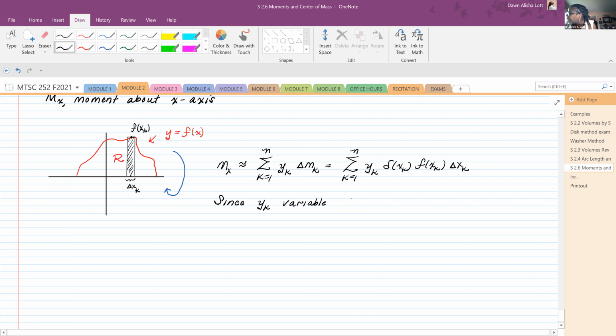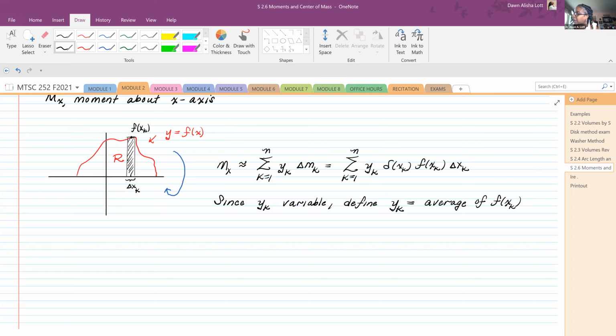So since yk is variable, we're going to define yk to be the average of f of xk. In other words, since I don't know where yk is, I'm going to make yk be half of f of xk.